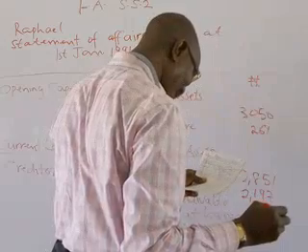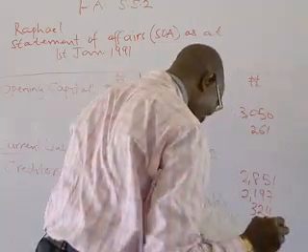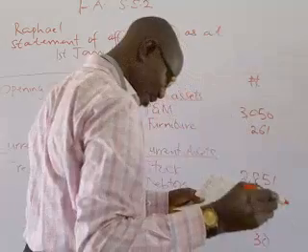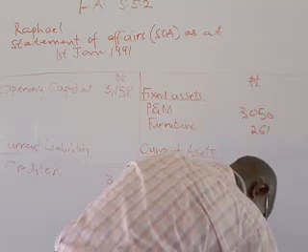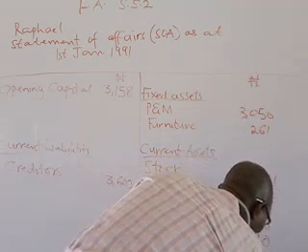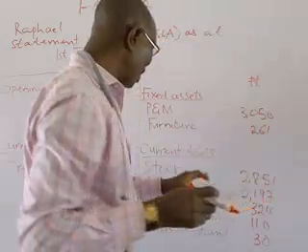Then cash at bank, 110. Then cash in hand, 30. Add this together, that will give you 8,823. That's the total of all the assets, fixed and current assets.